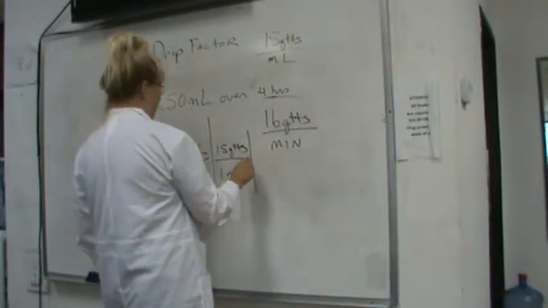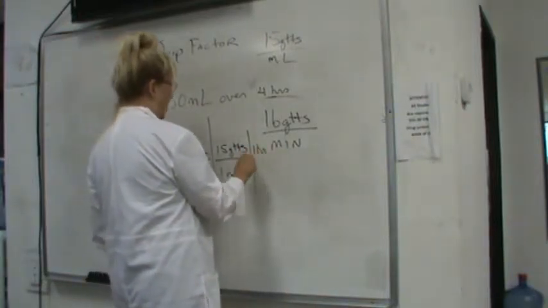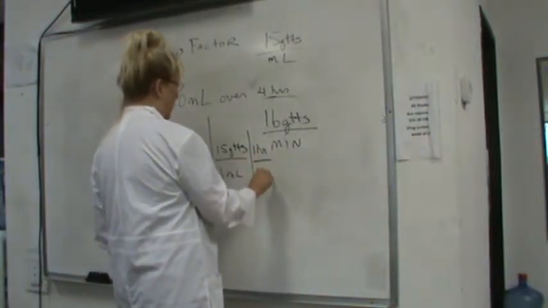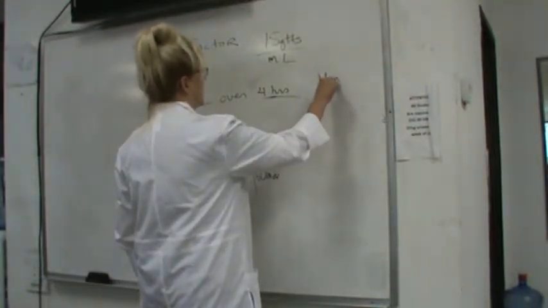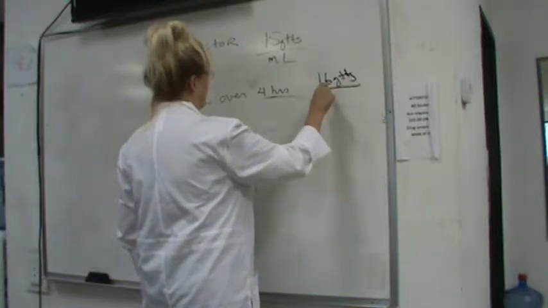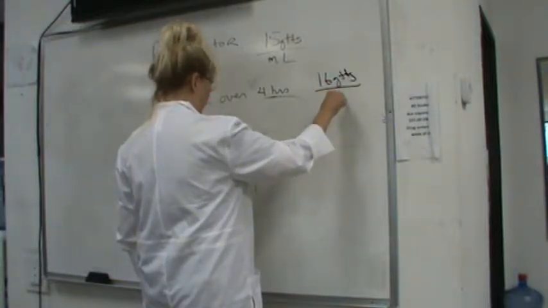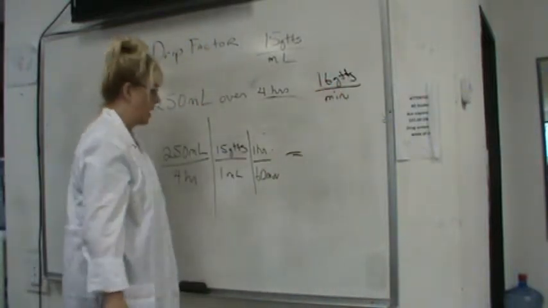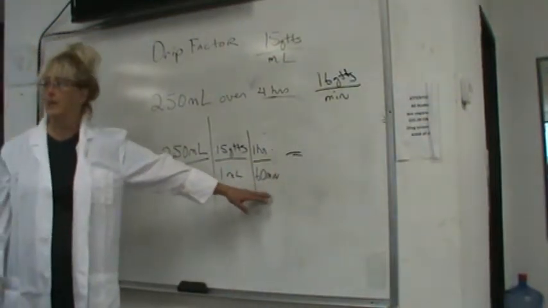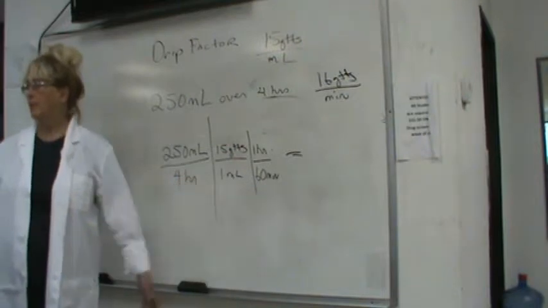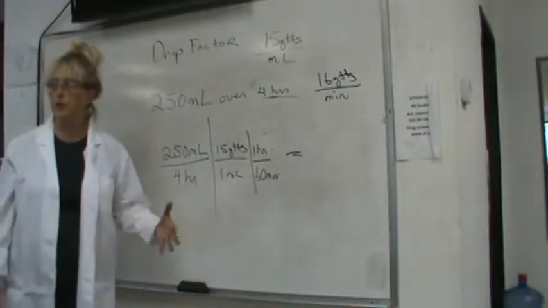Times 1 hour over 60 minutes. Good. You guys got 16 drops per minute. Did everybody set it up like this? Yes. You're just plugging in different numbers, that's all you're doing, right? Same formula.